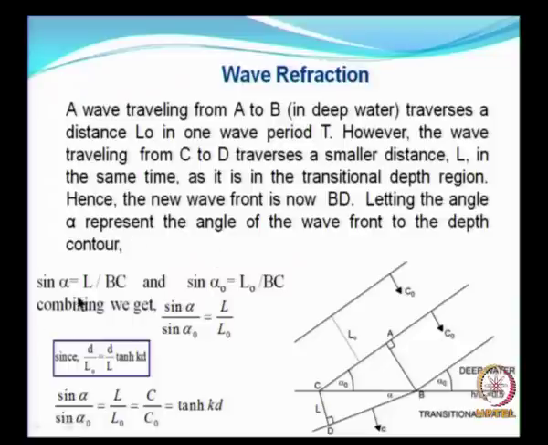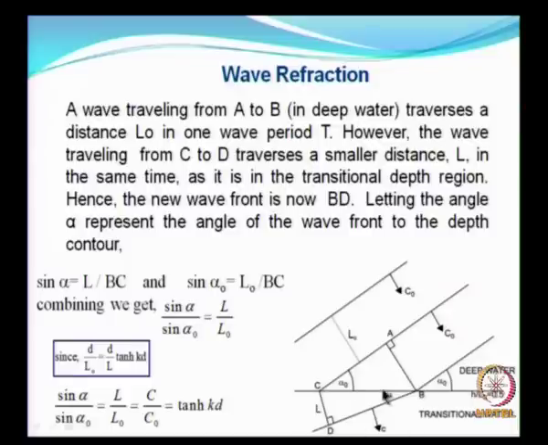Now, sin alpha, that is this angle, is given by L divided by BC, and for alpha naught, what is that? That is this distance, which is L naught divided by BC.